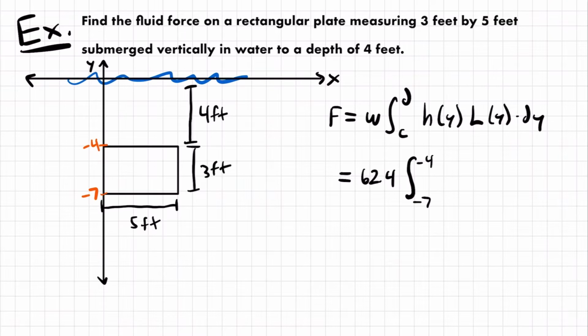And then we need to determine the depth of our surface in terms of y. And so remember, we are looking at thin rectangular regions throughout our surface from the depth values of -7 to -4. And so how can we represent the depth of these rectangles in terms of y? Well, notice that the depth of this rectangle is going to be whatever value of y it is located at, right?